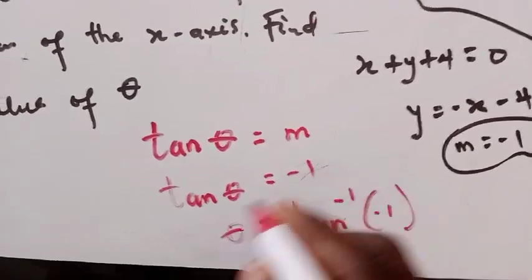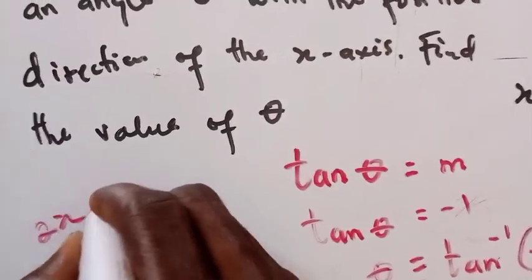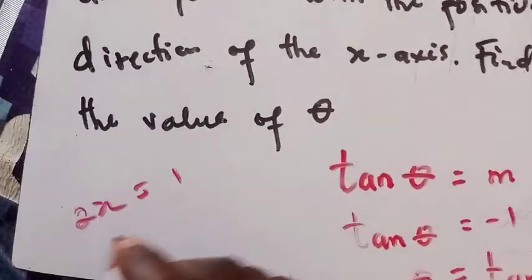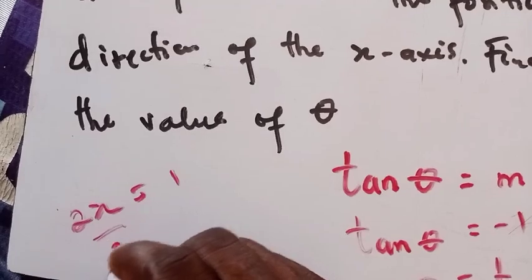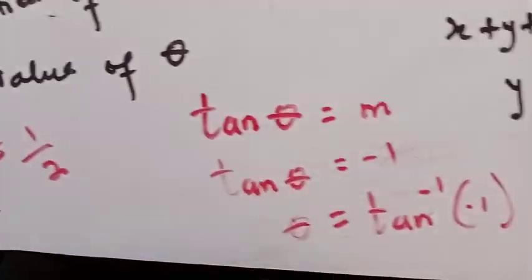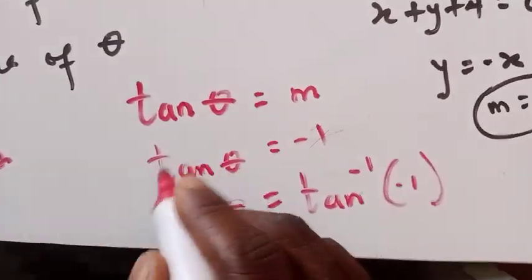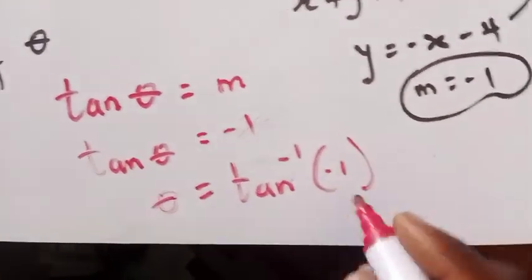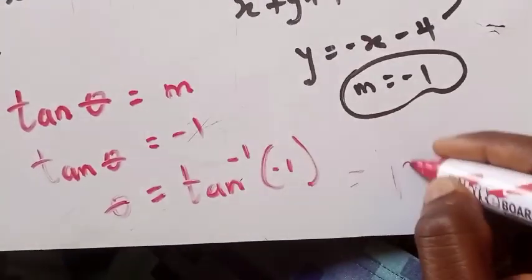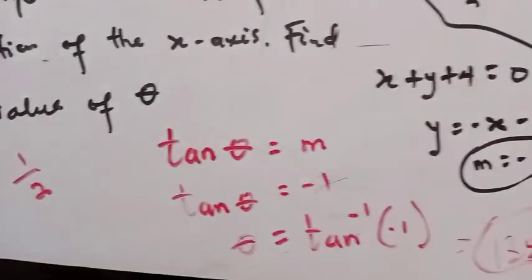This is similar to having 2x = 1: to get x, you divide both sides by 2, so the 2 cancels out. We are looking for theta, so you take the tan inverse of whatever is attached to theta. The answer should be 135 degrees, so this is our theta.